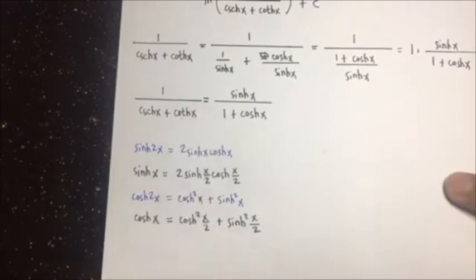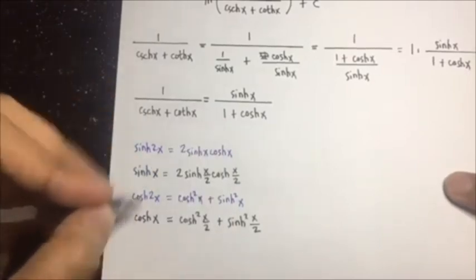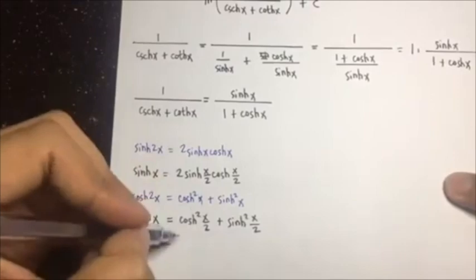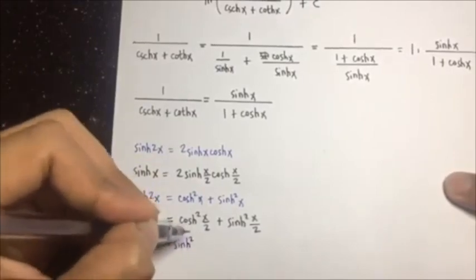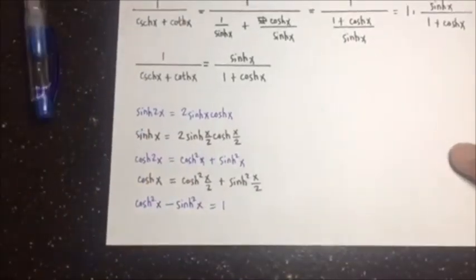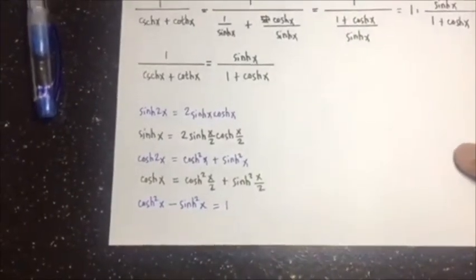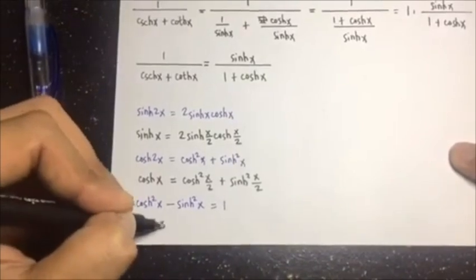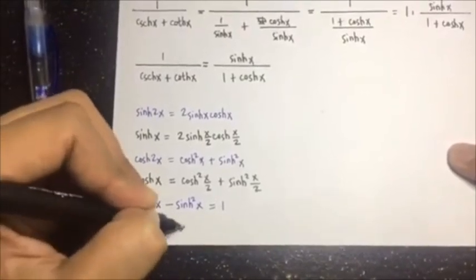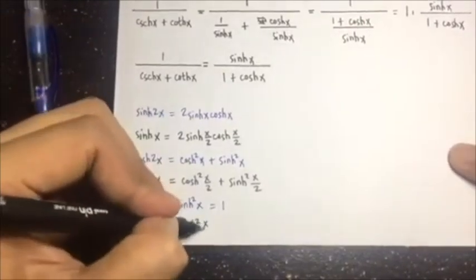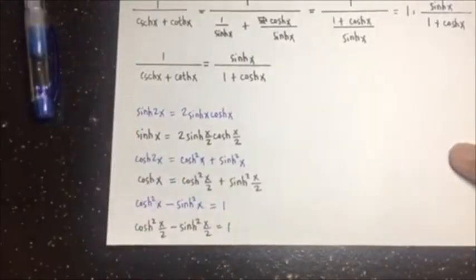The 1, on the other hand, we remember that hyperbolic cosine squared of x minus hyperbolic sine squared of x is equal to 1. Okay, so similarly, the hyperbolic cosine squared of x over 2 minus the hyperbolic sine squared of x over 2 is also equal to 1.